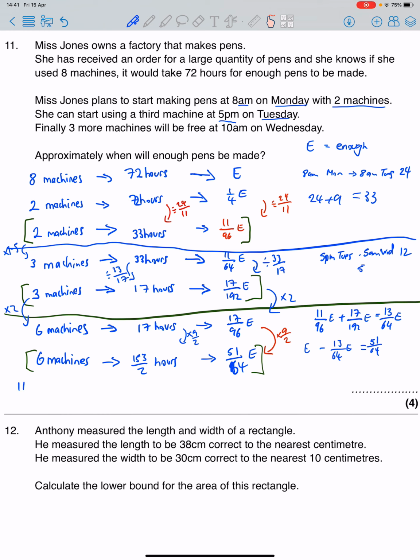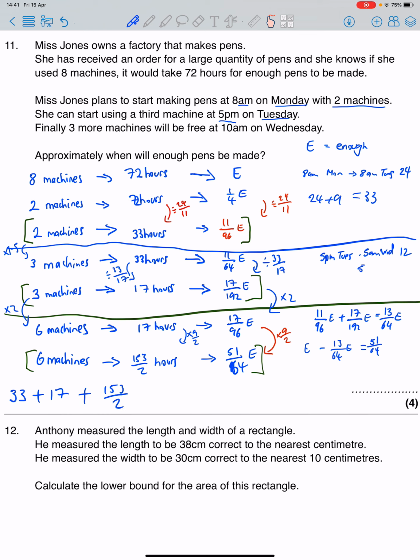So for the first bit, that was 33 hours. Plus the 17 hours from here. Plus the 153 over 2 hours.